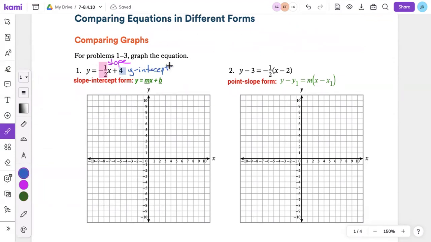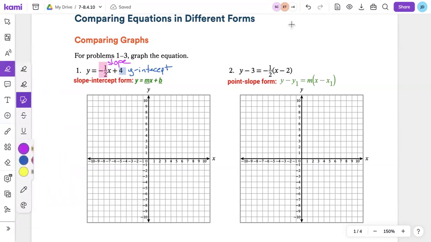Number 2 is in point slope form. So your reminder there is y minus y1 equals m times x minus x1. So again, we have our slope here, -1/2.